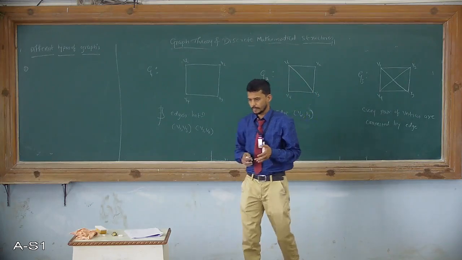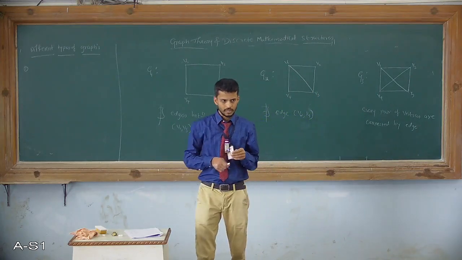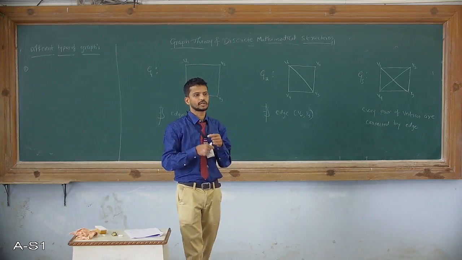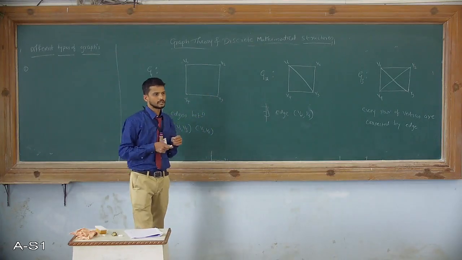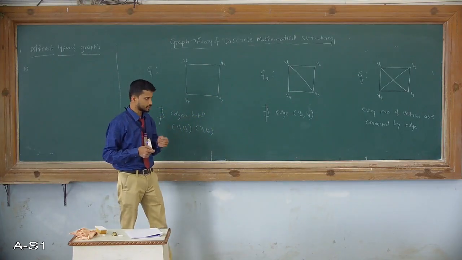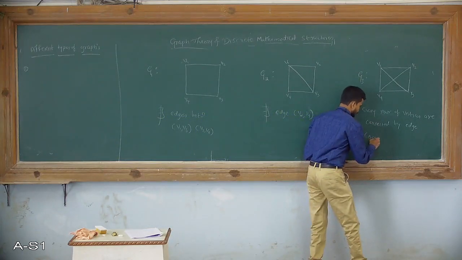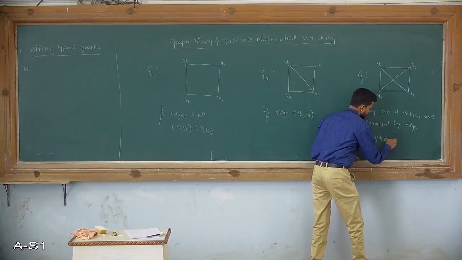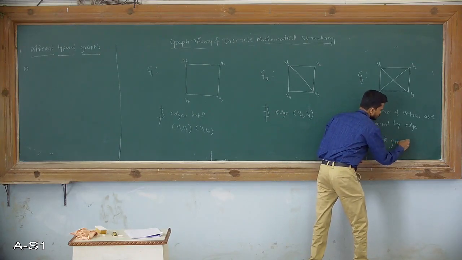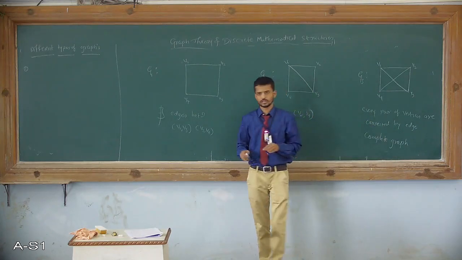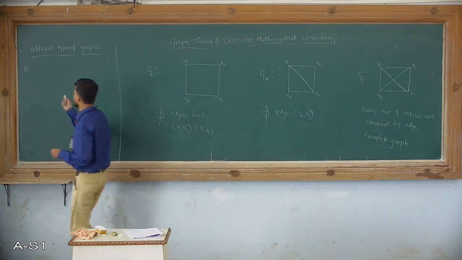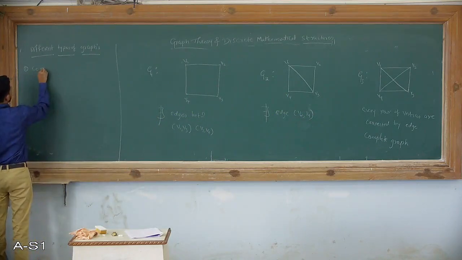So in a graph G, if every pair of vertices is connected by an edge, then that type of graph is called a complete graph. Therefore, the first type of graph is the complete graph.